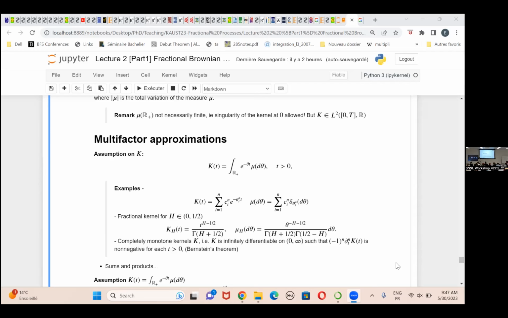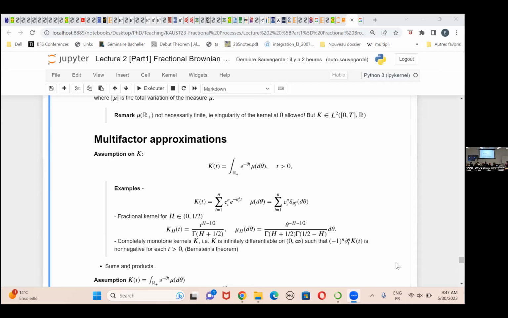Completely monotone kernels, functions that are infinitely differentiable on the open interval (0, infinity), so they can have a singularity at 0, and whose derivatives alternate in sign, can actually be characterized by this relation. This is Bernstein's theorem, if you've already seen it. Any completely monotone function can be written in this way, for a non-negative measure mu.